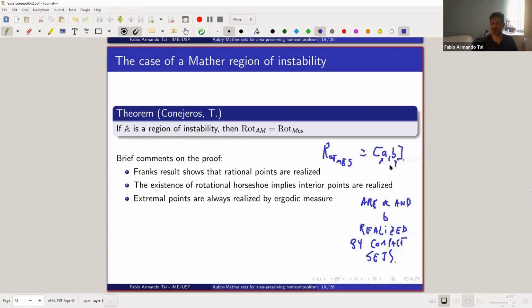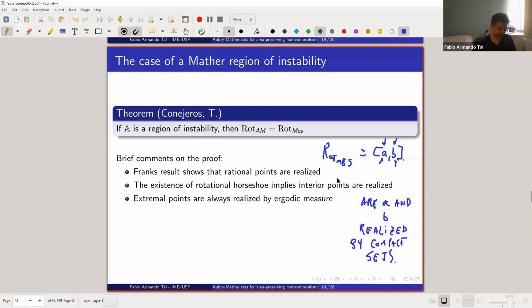The set of invariant measures is convex, and the extremal points are the ergodic measures. This says that the extremal points of the rotation set need to be images of rotation vectors by invariant measures. And in this case, A and B are realized by an ergodic measure, meaning that I'm always going to have an ergodic measure whose rotation number is A, and I'm going to have an ergodic measure whose rotation number is B.